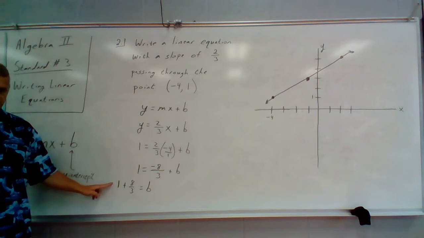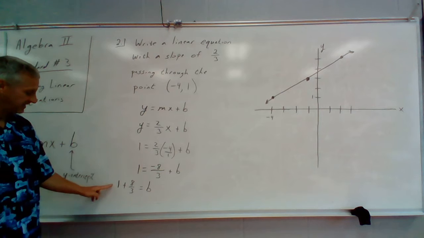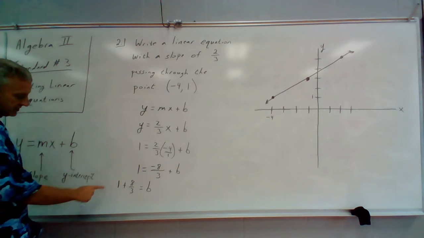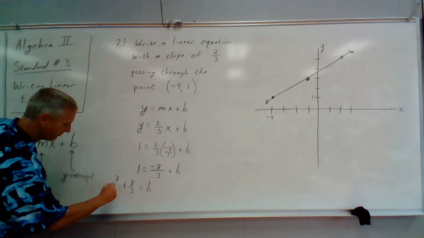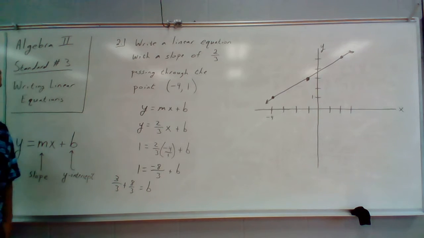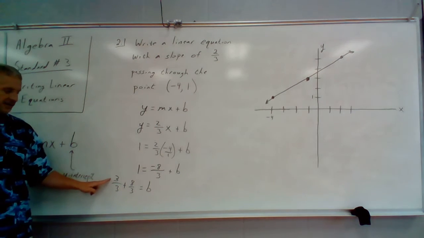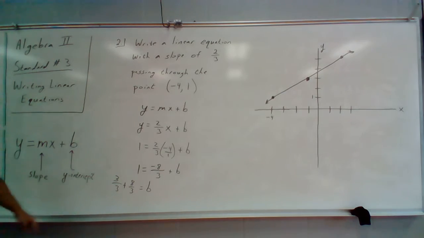Okay, let's add these fractions together. In order to add fractions, I need a common denominator. So let's make this 1 be a 3/3. 3/3 is 1. So now I can add and get 11/3.